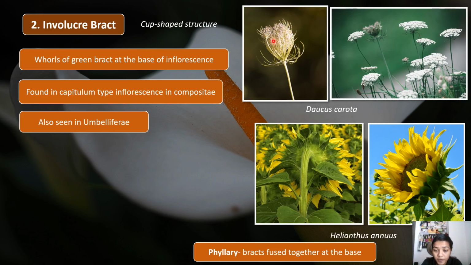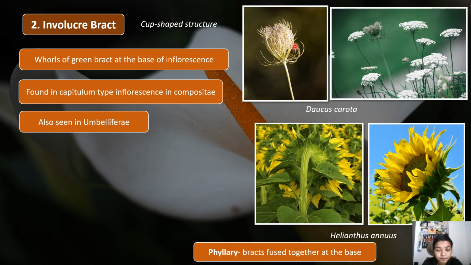This has not opened yet, but therefore you can very clearly see the bracts. See, these are the bracts, और आप देख सकते हैं कि these bracts are forming a cup shaped structure, right. So this is a cup shaped structure, involucre bract, that is present in the carrot family.